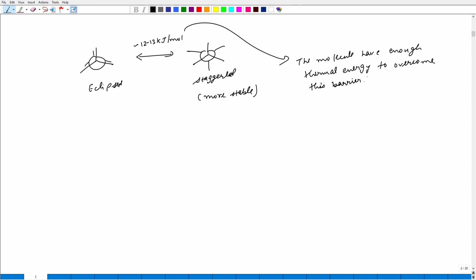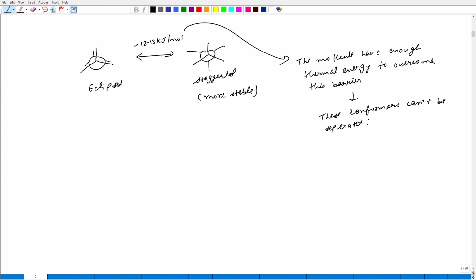Okay. So, that is the reason that these conformers can't be separated.